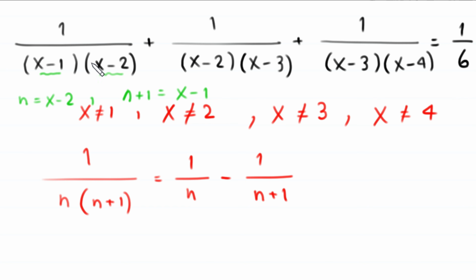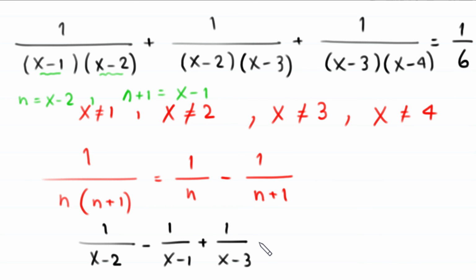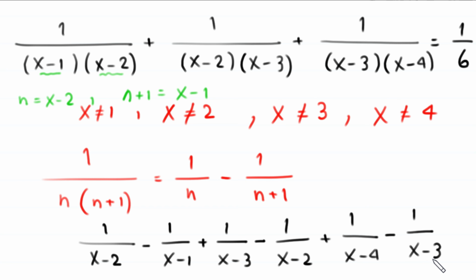So we can rewrite this expression as 1 divided by x minus 2 minus 1 divided by x minus 1, plus, in the same way, this expression can be written as 1 divided by x minus 3 minus 1 divided by x minus 2, plus this can be written as 1 divided by x minus 4 minus 1 divided by x minus 3, equal to 1 over 6.